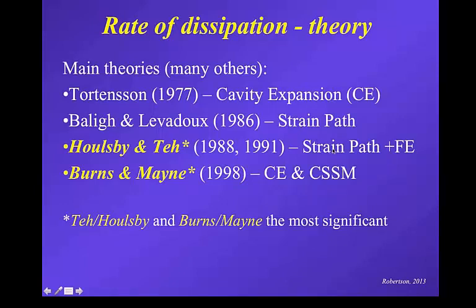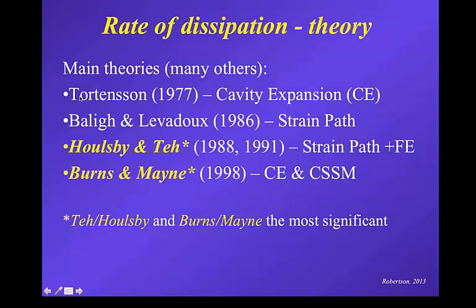And then in the early 80s, Baligh and Levadoux did a very nice piece of work using the strain path method, which was a very novel theoretical interpretation, assuming uniform strain paths as the soil flowed around the cone as it penetrated.